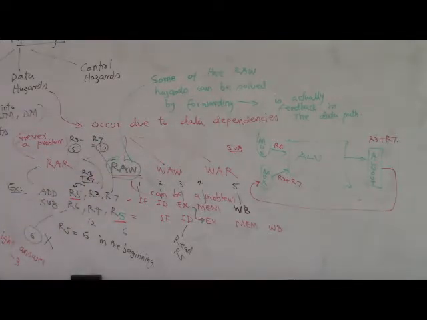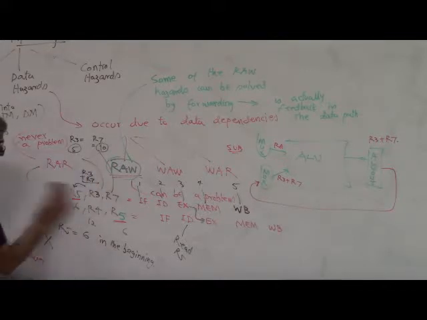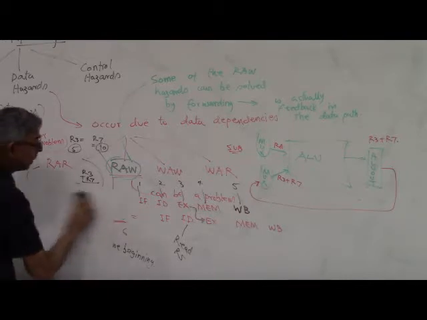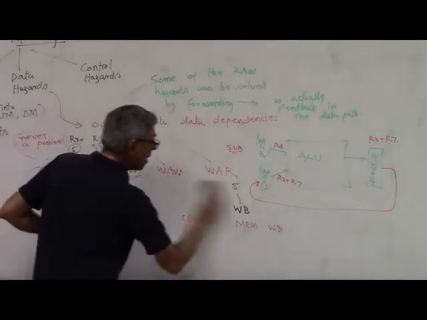If you recall, there was one case where we cannot solve. No matter what we do, we still have to provide a stall, and that was the case when memory gets involved. So if there's a data dependency due to memory, then even a RAW type of hazard will require a stall.